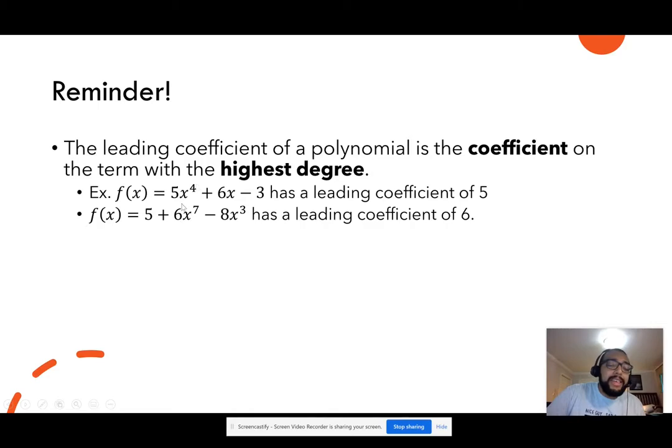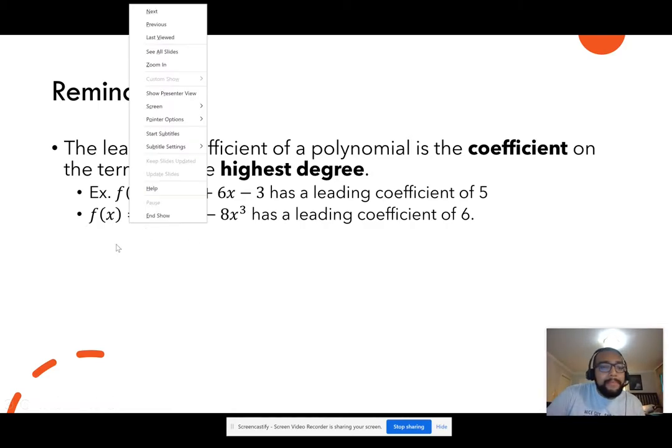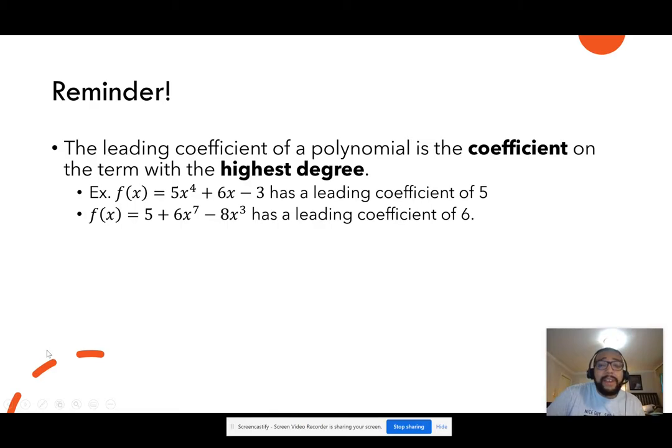Just because it is not in front does not disqualify it from being the leading coefficient. It's the coefficient on the term with the highest degree. In this case, my highest degree is 7, therefore 6x to the 7th, with 6 being my leading coefficient. That's important, especially for today.